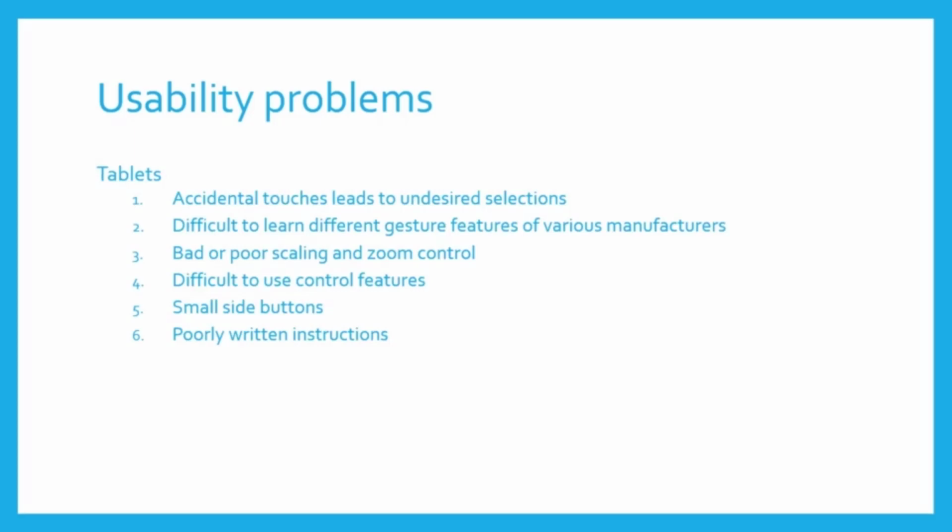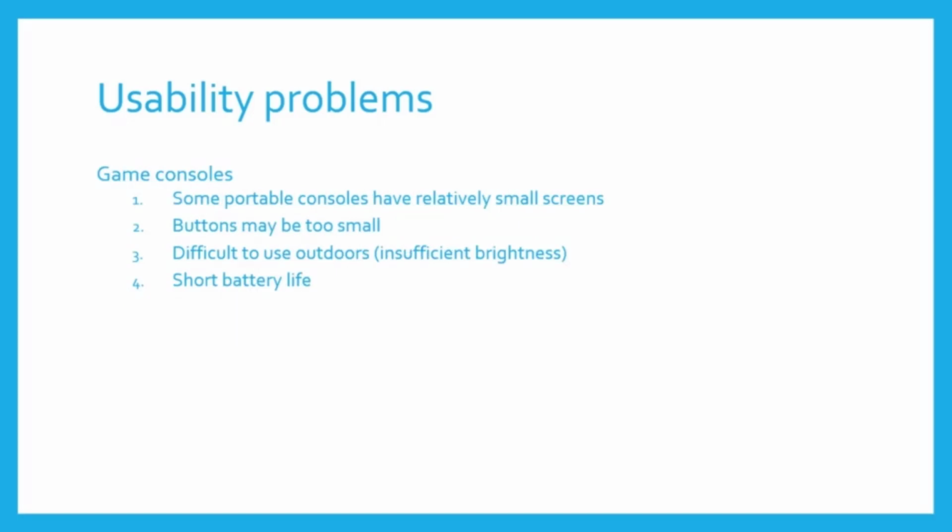For tablets, accidental touches that lead to undesired selections, and difficulty in learning different gesture features of various manufacturers, poor scaling and zooming control, difficulties in using the control features, small side buttons, poorly written instructions.